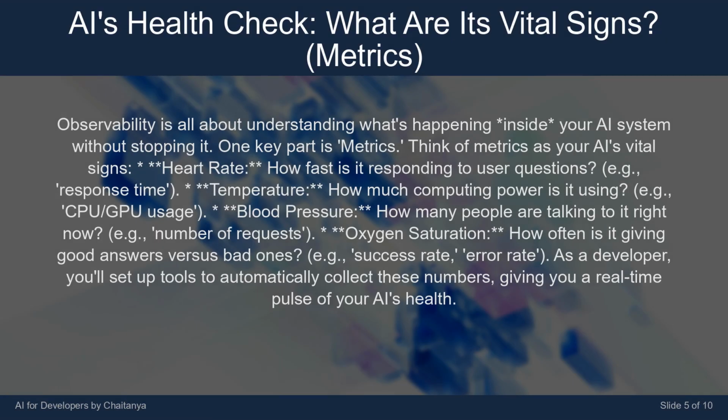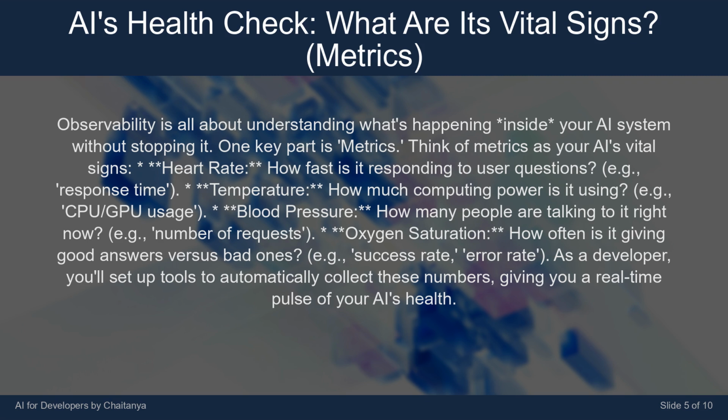Observability is all about understanding what's happening inside your AI system without stopping it. One key part is metrics. Think of metrics as your AI's vital signs. Heart rate: how fast is it responding to user questions? E.g., response time. Temperature: how much computing power is it using? E.g., CPU, GPU usage.